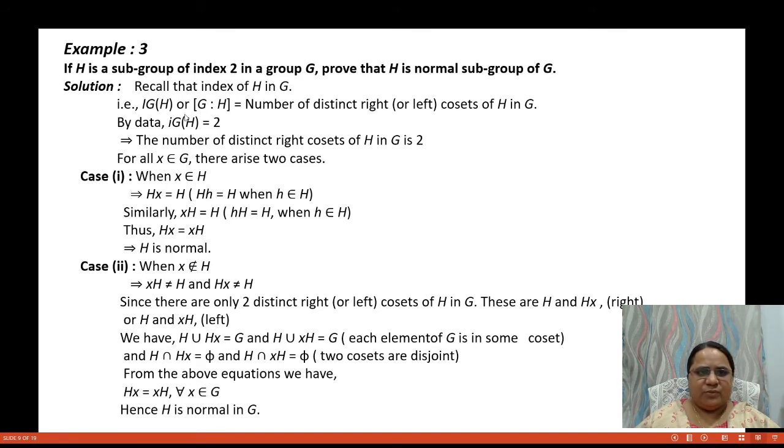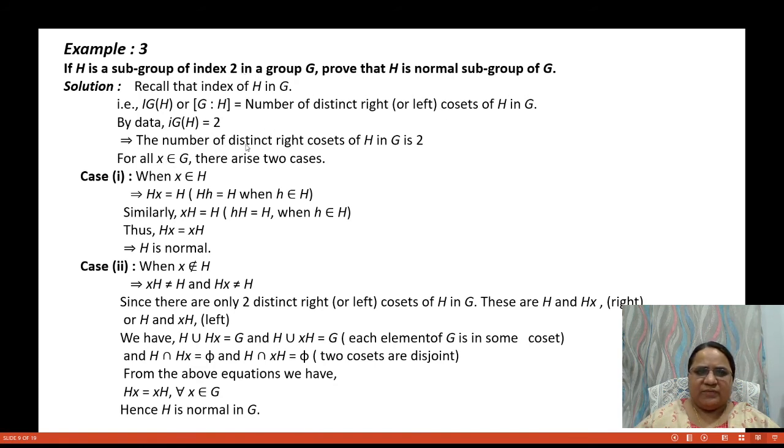If H is a subgroup of index 2 in a group G, prove that H is a normal subgroup of G. Whenever a normal subgroup comes up, we need to prove the condition for x in G. Now recall that the index of H in G is the number of distinct right or left cosets of H in G. By data, the index of H in G is given to be 2.